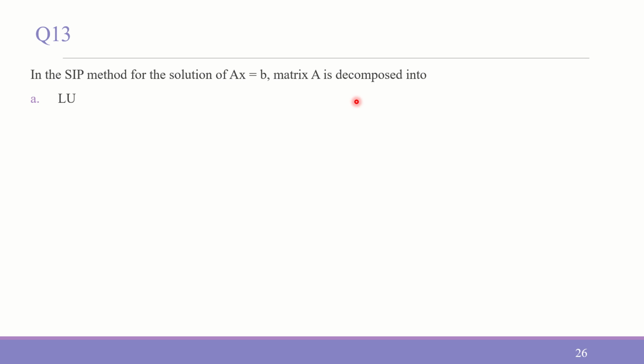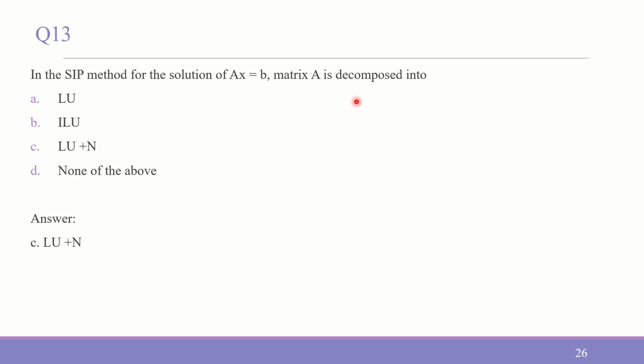Option A, LU. Option B, ILU. Option C, LU plus N. Option D, none of the above. So the answer is actually option C, LU plus N is the right answer.